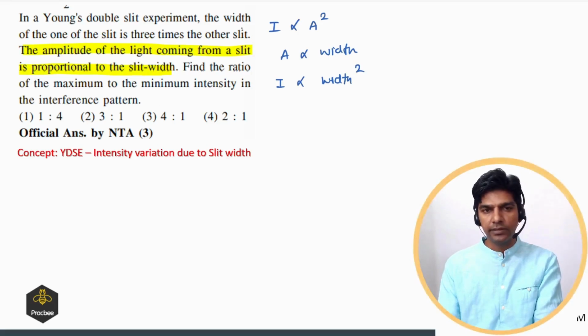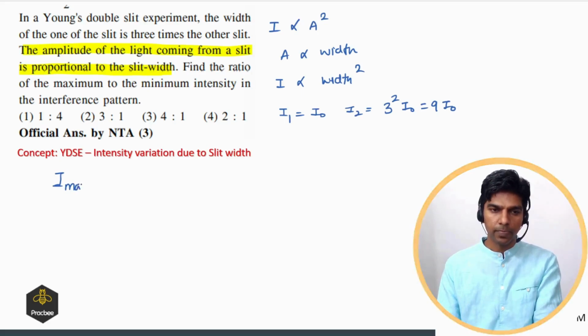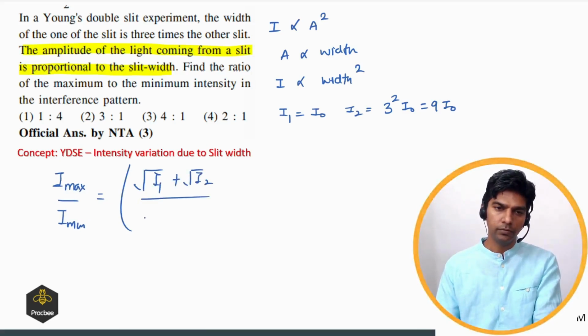And one slit is 3 times the other, so we can say if I1 is I0, then I2 will be 3 square times I0, which will be 9 times I0. Find the ratio of the maximum to the minimum intensity. So I max upon I min will be (root I1 plus root I2) upon (root I1 minus root I2) whole square.